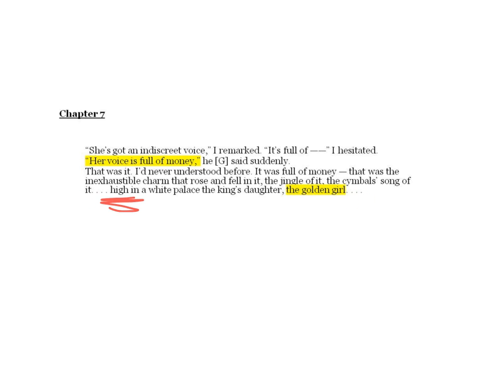So Nick is sort of phasing in that consciousness here and describes Daisy as the golden girl. So in the video on the female characters, we'll look at all these epithets used. Grail, the golden girl, the musical, moneyed voice, etc., etc. She is a desirable object from a monetary point of view.